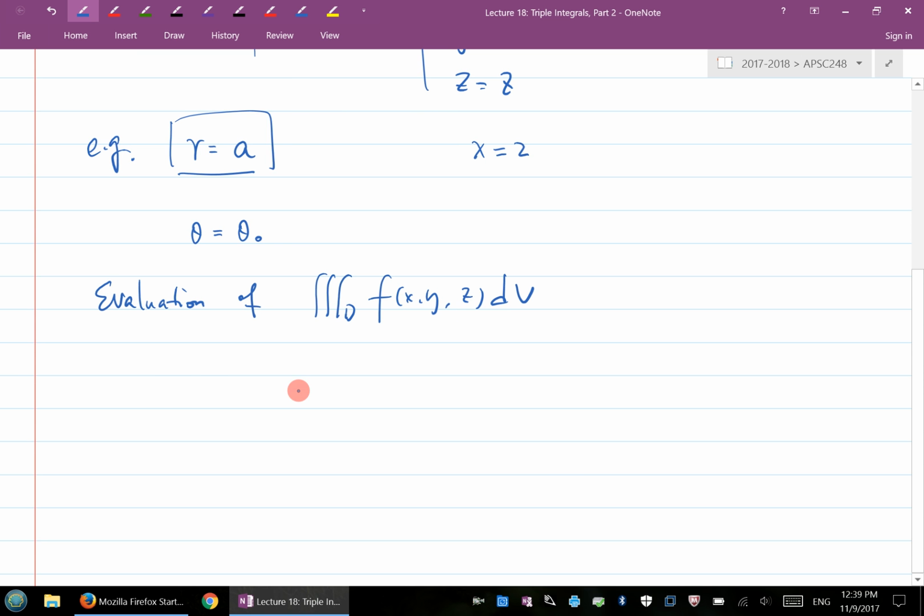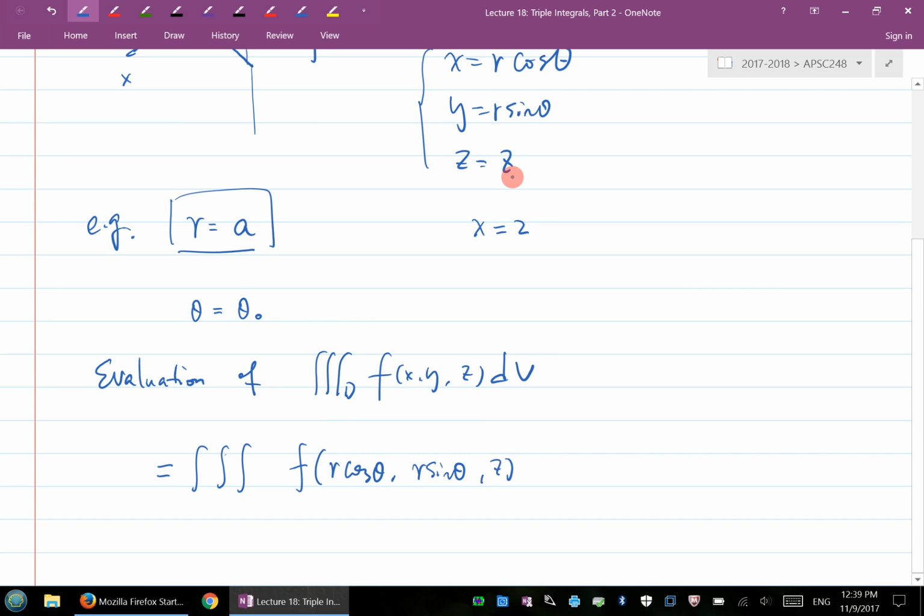What that means is we're going to transform all of the x, y, z into r, theta, z. So here your x will be replaced with r cosine theta, y replaced with r sine theta, and z, no replacement, is still the same because z is still z.